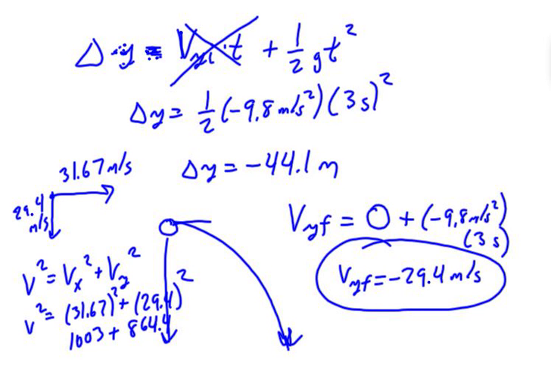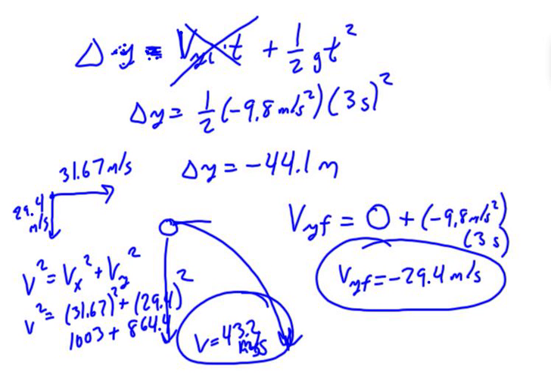I'm going to add those together and take the square root. And I get my v, my final velocity, is 43.2 meters per second. So that's my total velocity when it hits the ground.